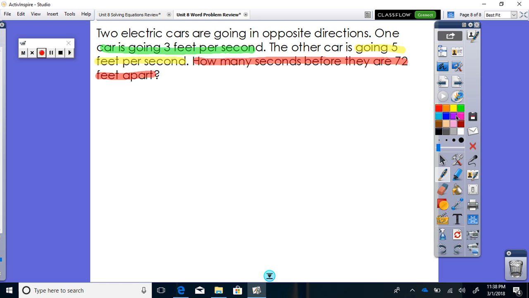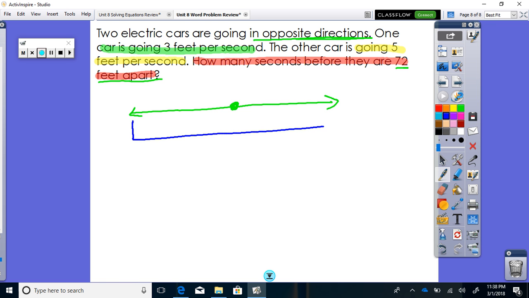And then what else do you know about the problem? You know not only their rates, but that they're going in opposite directions and you have the distance apart you're looking for. So the cars are starting right here. One's going this way and one's going this way, similar to our trucks going opposite ways. I want to know how long before there's 72 feet between the two.